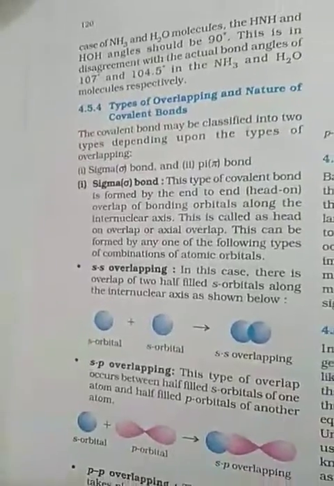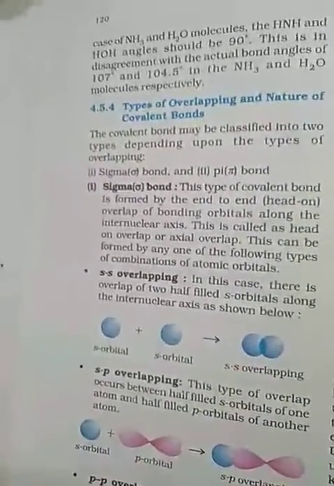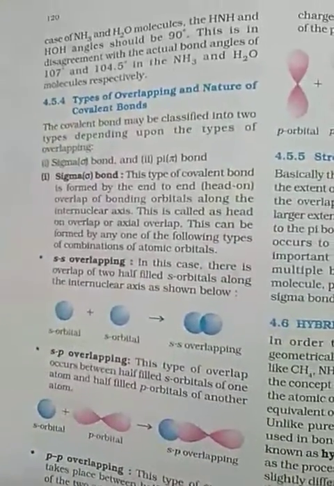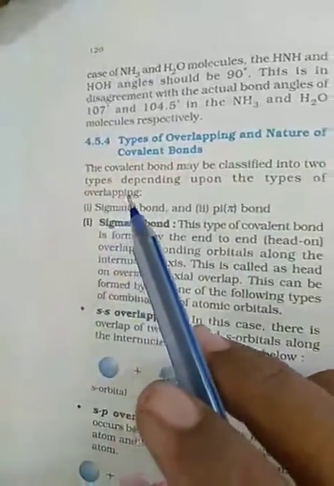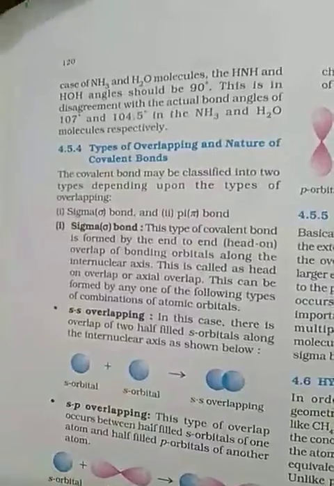Now what are the types? This is the basic and hard part. You have to understand it nicely, because this overlapping is important in hybridization. Now I am teaching you that a covalent bond may be classified into two types depending upon the types of overlapping.